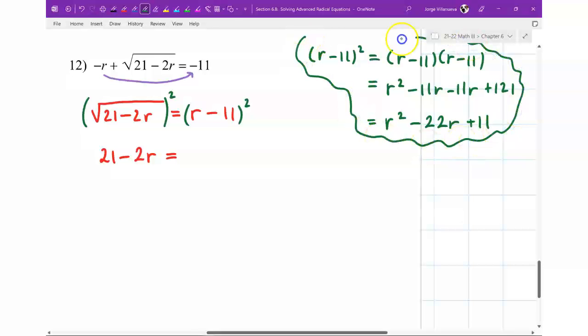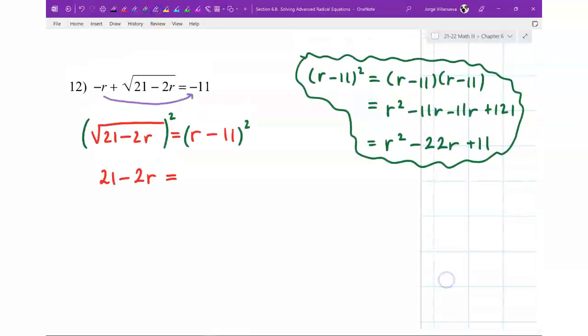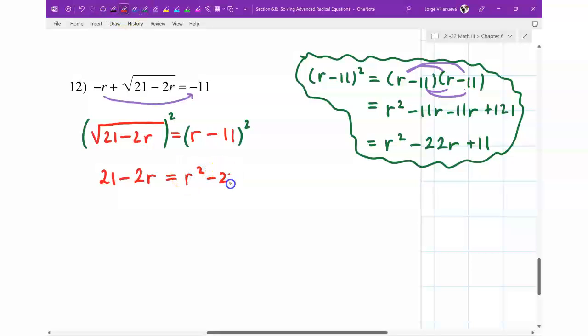I know I did it a little bit faster than the other times, but I figure you guys won't mind, right? I just draw the little arrows if you want to. I didn't do it, but I can do it right now. So let me write that over here: r squared minus 22r plus 121.